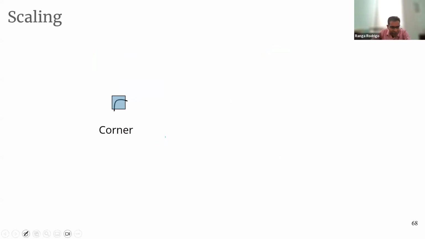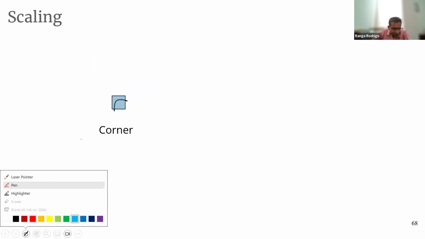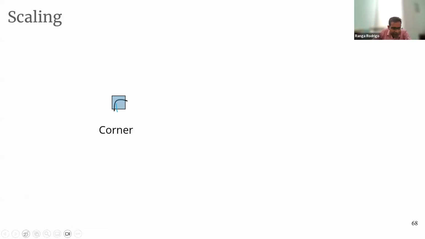Now here, I am showing you a corner. So you can see the corner here. And you can see the window size, right? It's a small window of this size. That's a corner. But assume that you suddenly zoom the image.